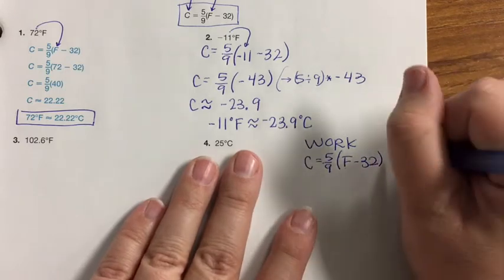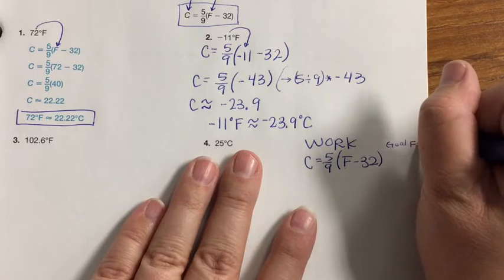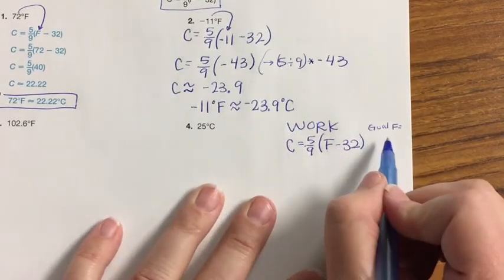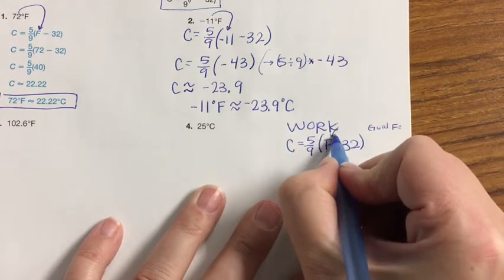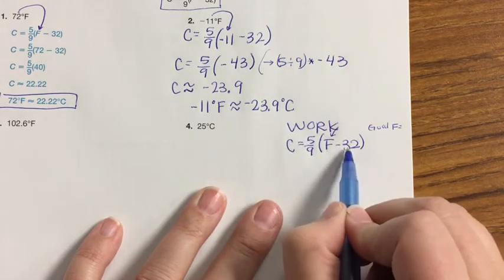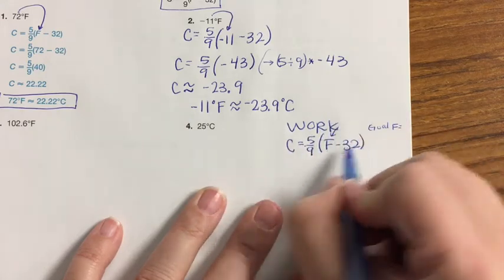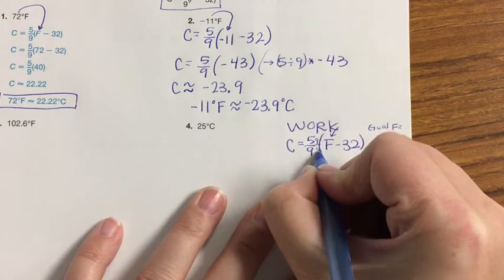What I want, my whole goal, is to get what F equals, because they already know what the Celsius is, so I want to get what the degrees Fahrenheit is. So we want to solve for this. To do that, we're going to get rid of the 5/9 first and then the minus 32. So to get rid of the 5/9, I'm going to multiply both sides by the reciprocal of 5/9, which is 9/5.